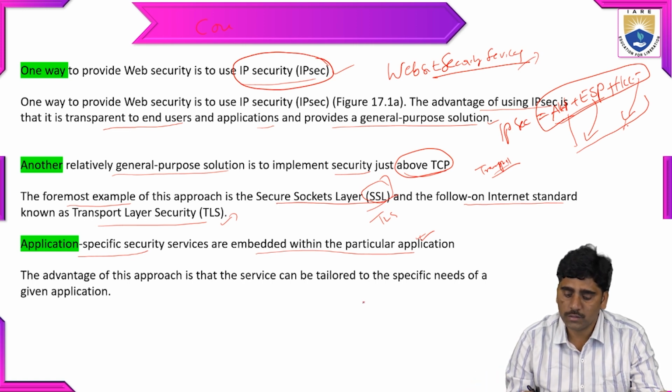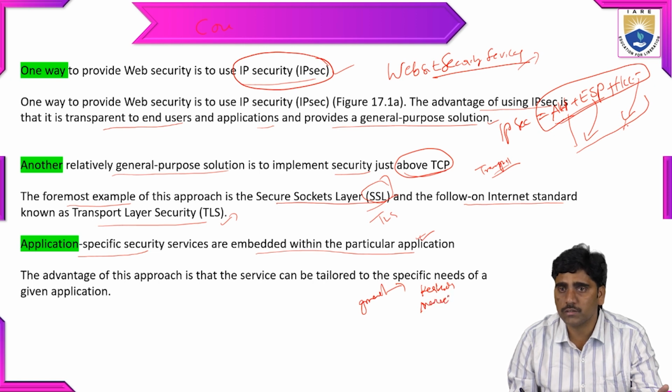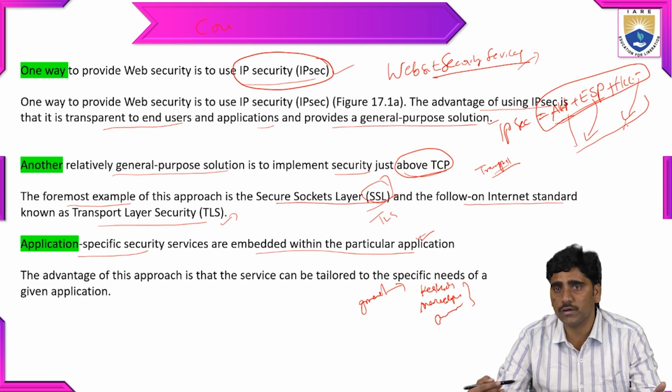Suppose for email, you can use one service like Kerberos or proxies. Like that, we use different services for particular applications.